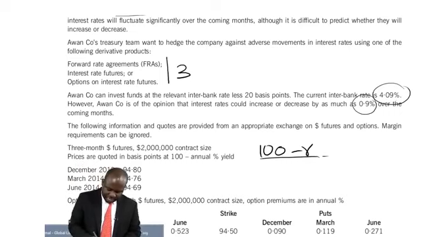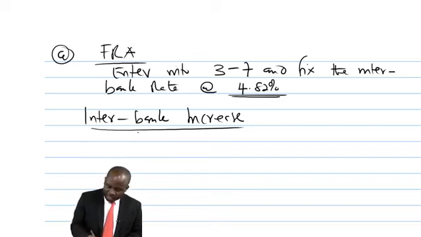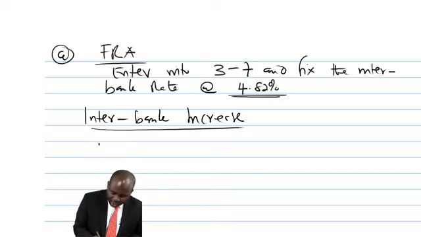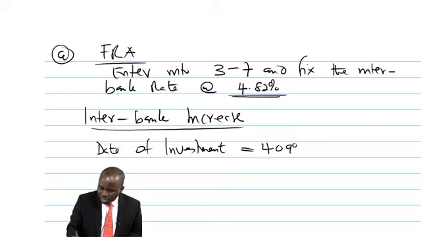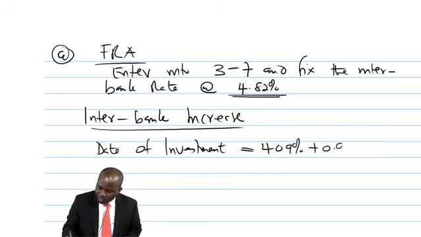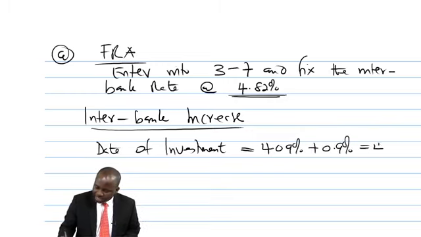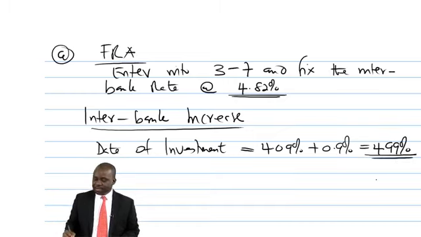So on the date of investment, what will be the rate? The rate will be 4.09% plus 0.9%, and that is 4.99%. So this is the interbank rate.